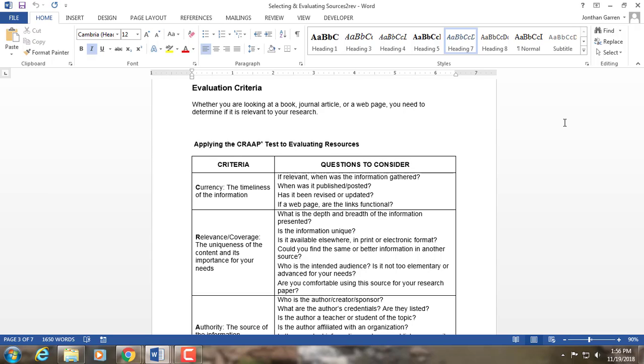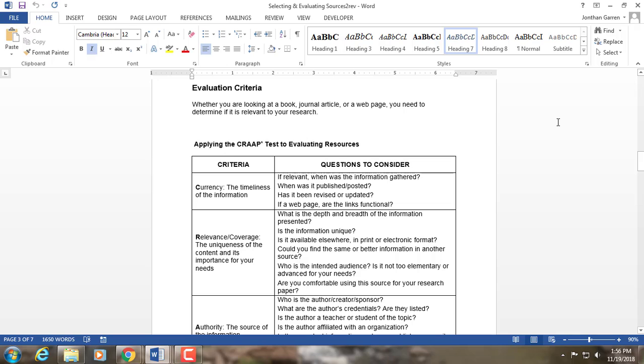If you get information from a very bad source, you're going to receive very bad information from that source. So it's very important to be able to properly evaluate not only your source, but also the material within that source, to really see if there is authority and relevancy and all of the things that you need from a source to be able to use it as a legitimate source for your research.